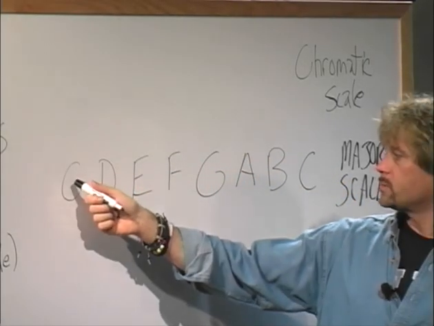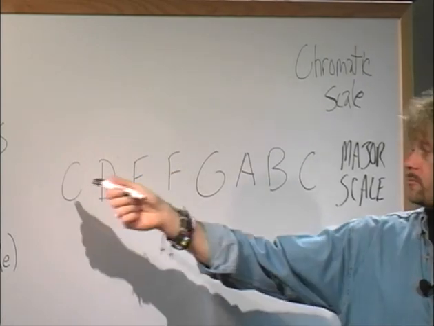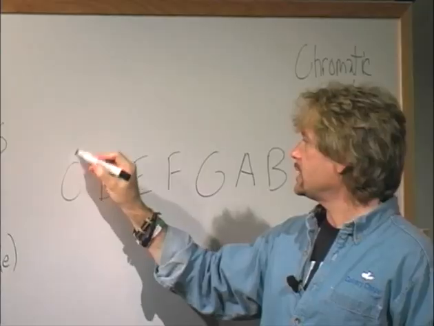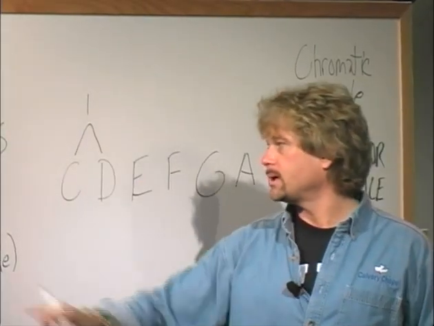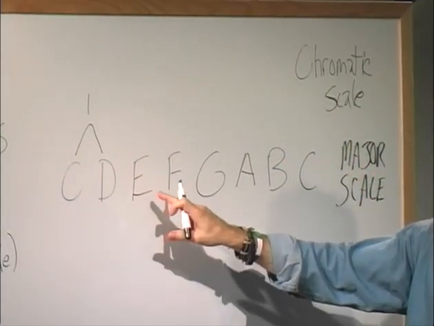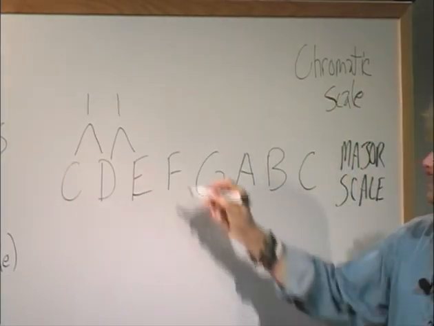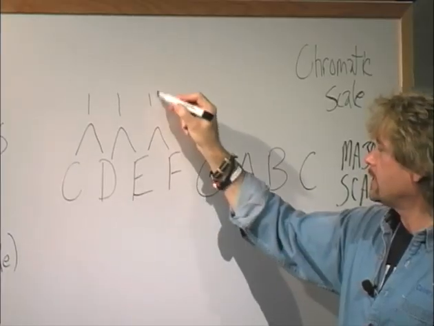So from C to D, the first note of the scale to the second note of the scale, we see is a whole step. The D to the E is another whole step. The E to the F is a half step.